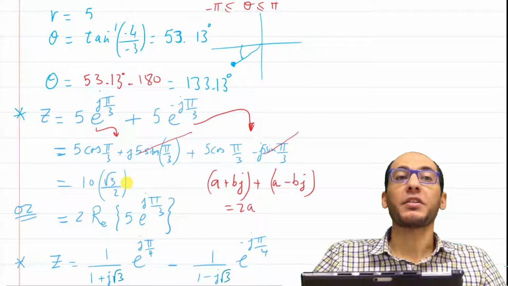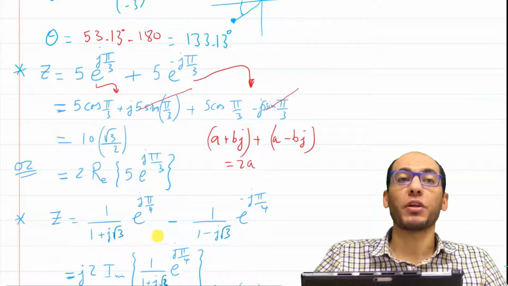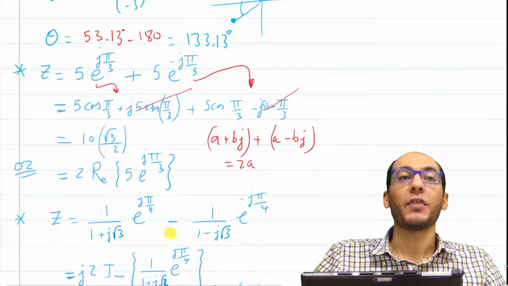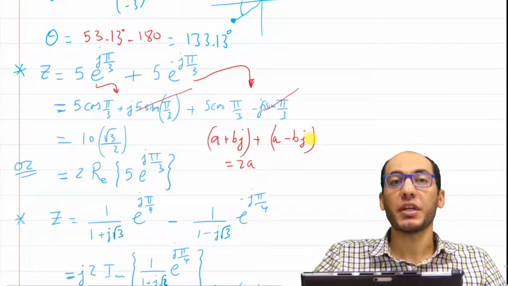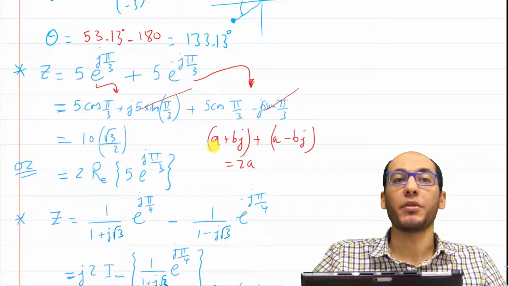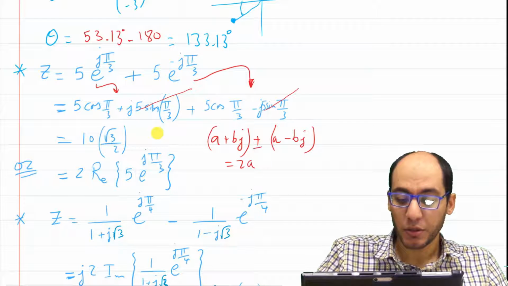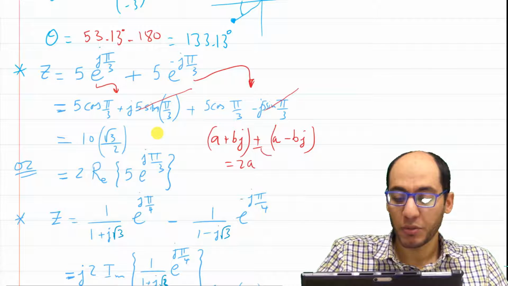Okay? And the same goes for that example as well. If I have an addition, then a plus bj, that's a complex number, plus a minus bj, that's the conjugate of that complex number, gives us twice the real part. If it's a subtraction, then it is going to be twice the imaginary part multiplied by j.